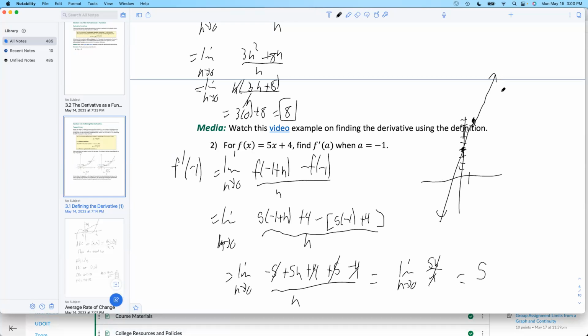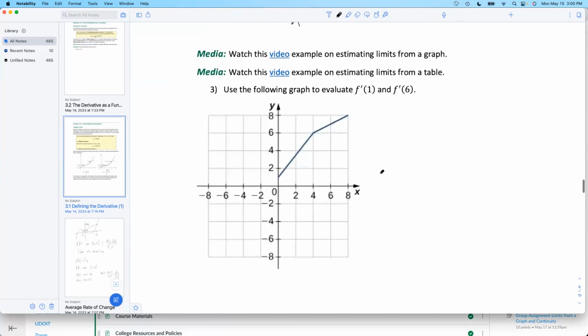Linear functions are their own tangent lines. The derivative of a linear function is just the slope of the line. So look, that's what I ended up getting. I just got the slope of that line. That's going to happen every time. If your function is just a line, then the derivative at any value is just the slope of that line.